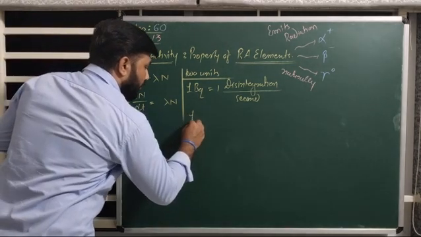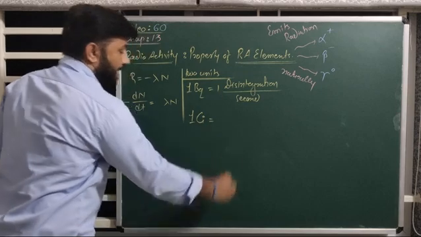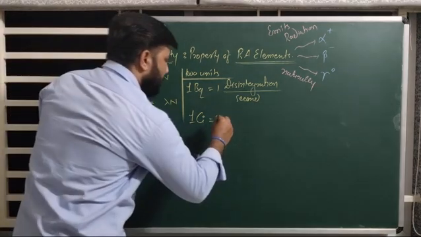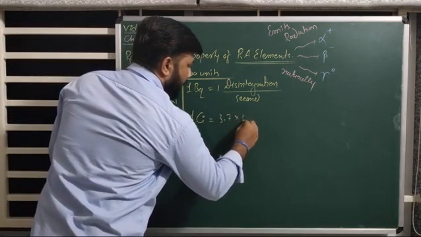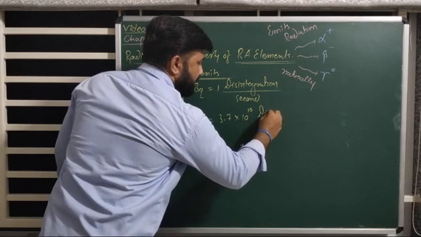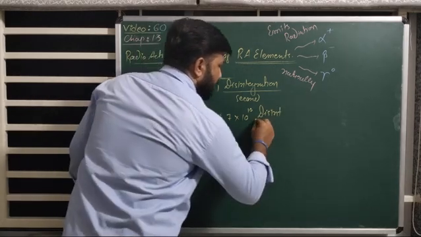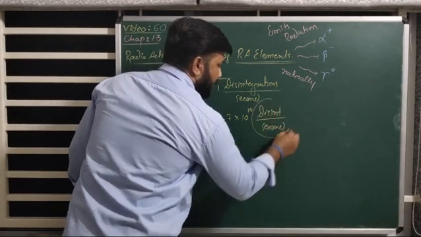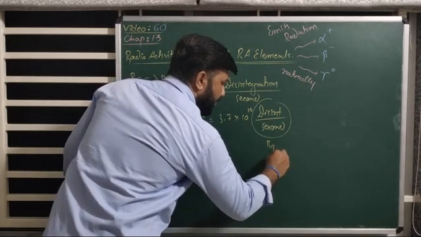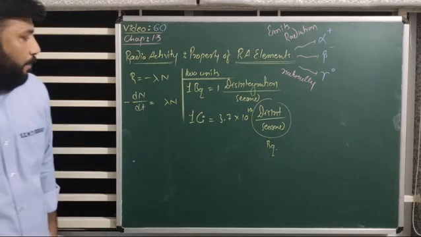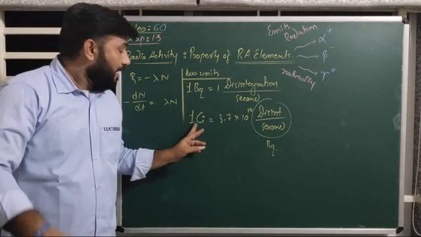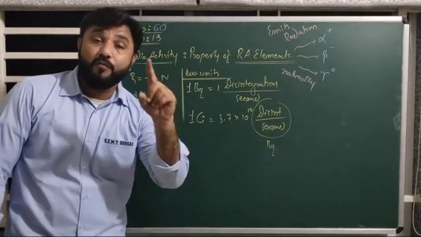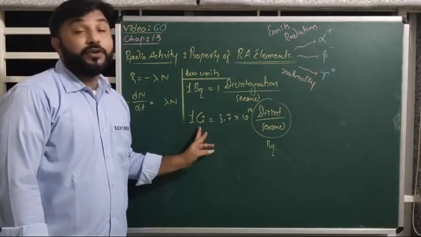There is one more unit, 1 Ci, curie. 1 curie is equal to 3.7 multiplied by 10 raised to 10 disintegrations per second, also known as Bq. Meaning, if 3.7 multiplied by 10 raised to 10 nuclei disintegrate in 1 second, that is known as curie.